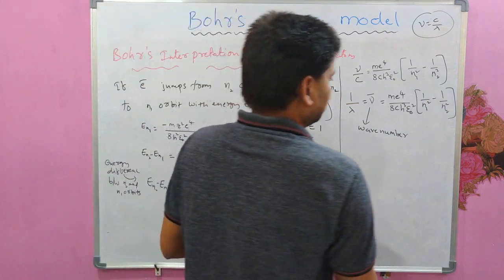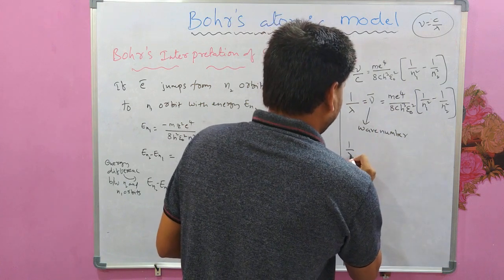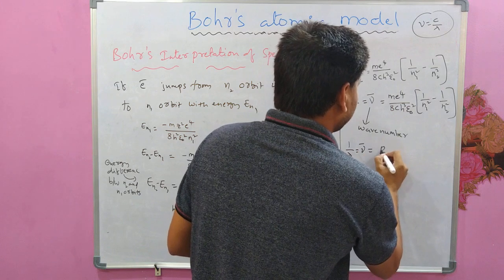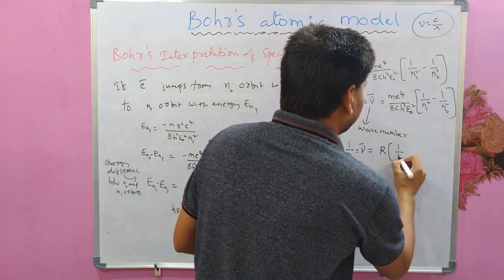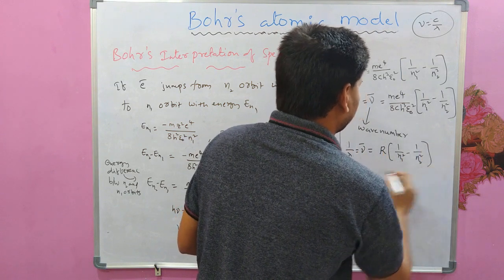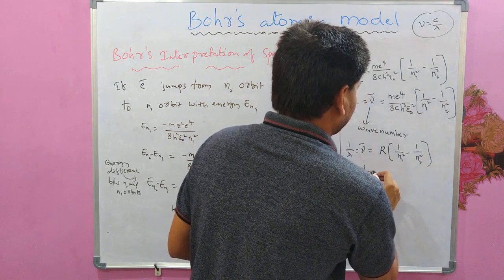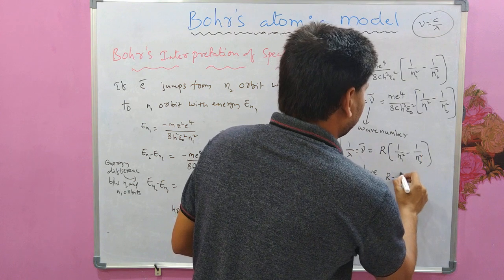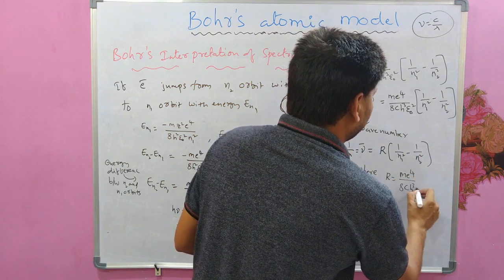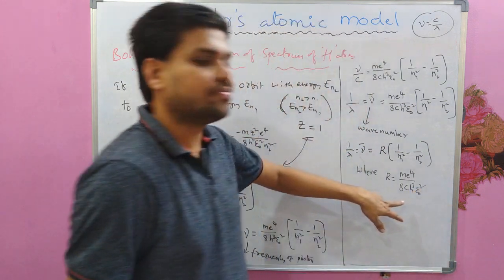Okay, so this can be written as nu bar equal to R into 1 by n1 square minus 1 by n2 square, where R equal to m e power 4 by 8 c h cube epsilon naught square.